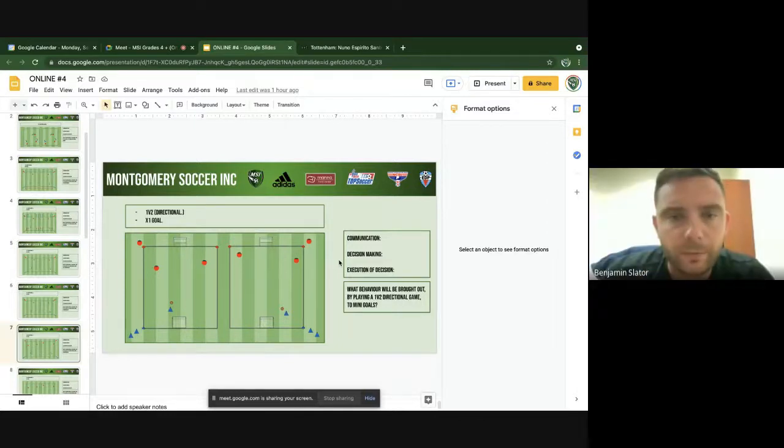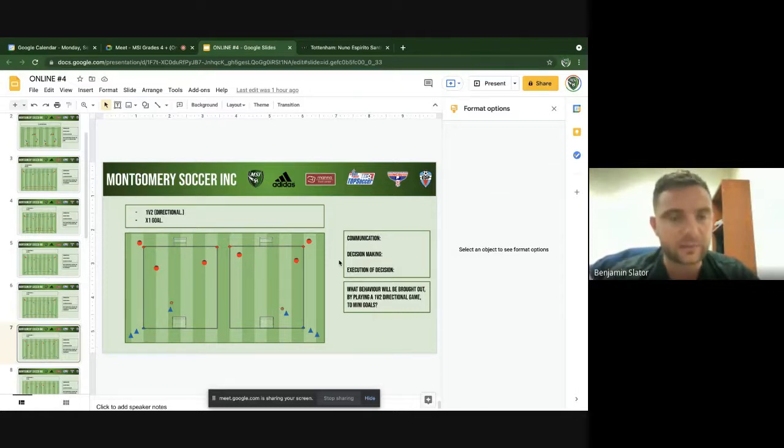With this, you talked about increasing the decision making, the speed of it, because now we've added another defender. So defensively, you've underloaded the defenders. You've not overloaded their thinking, you've underloaded them because you've made it easier for them.